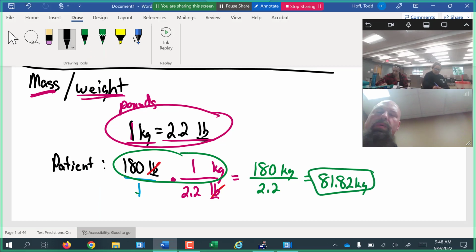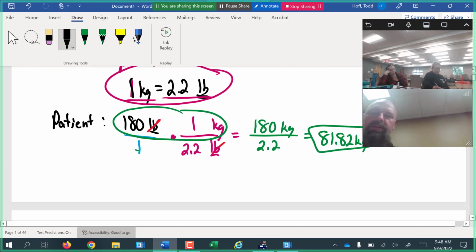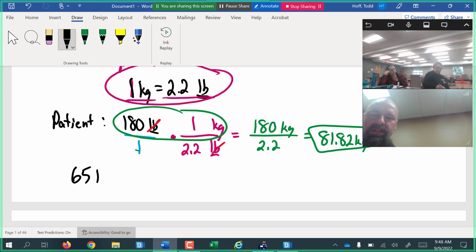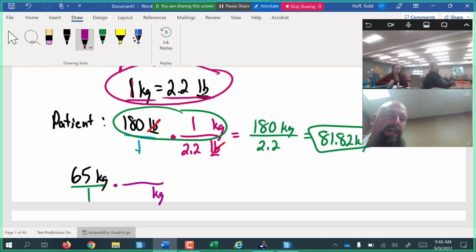Or if we have to go in the other direction, if we have a patient who gives us a weight as 65 kilograms and we need to turn them into pounds, well, we'll put them over 1, and then our conversion factor is just going to go the other way. We're getting rid of kilograms, so I'm going to put kilograms on bottom to cancel them out, and pounds on top. 1 kilogram is 2.2 pounds again.